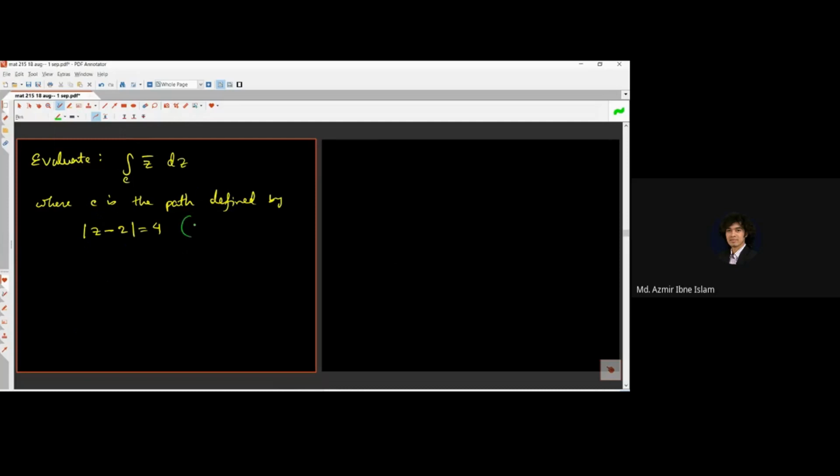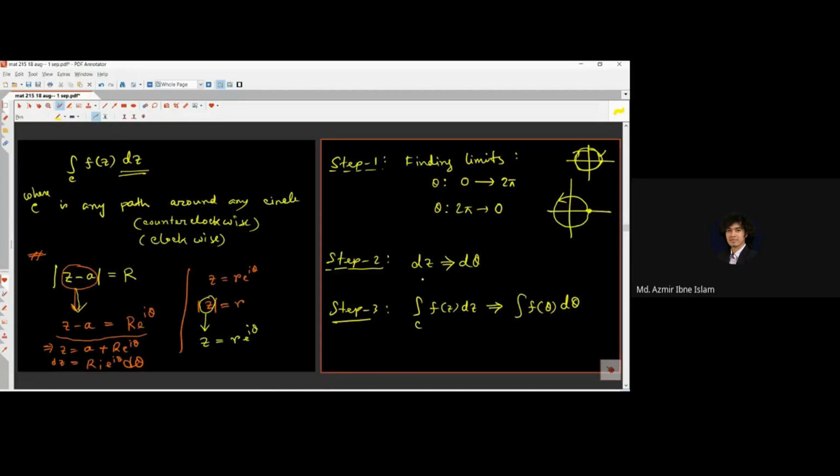The path is mentioned, it is counterclockwise. To solve this integral, we can use all these 3 steps.